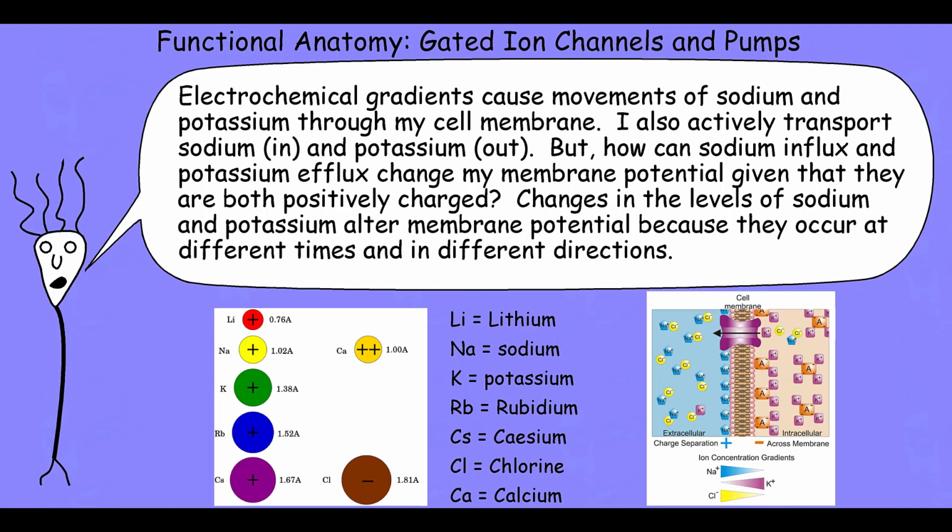So that draws the sodium in. That's how we get sodium transport in at a relatively quick pace. We also have that active transport of sodium out and potassium in. And as we'll see when we turn our attention to action potentials, at a certain point, a similar electrochemical gradient will draw potassium out of our neuron with potassium efflux.